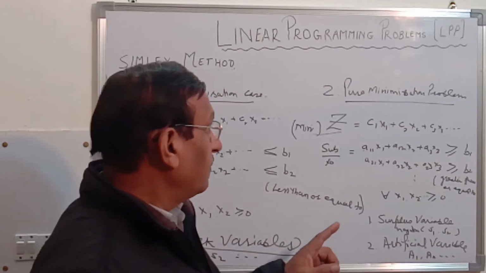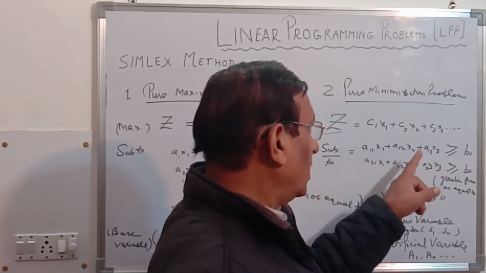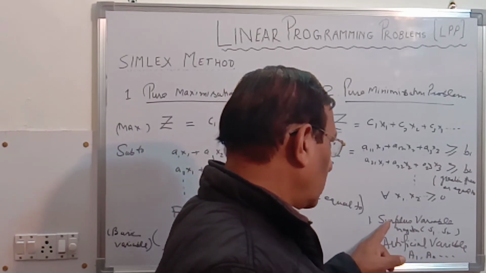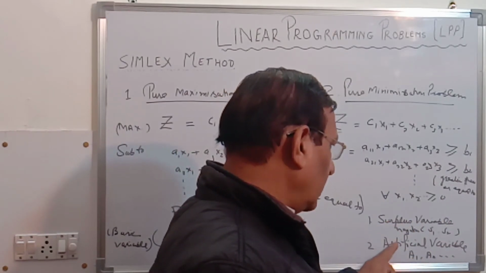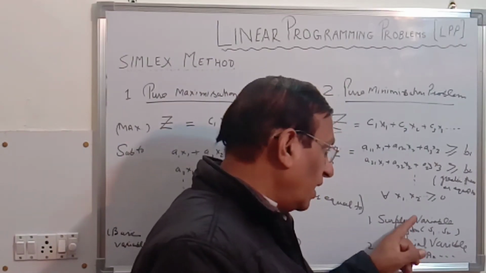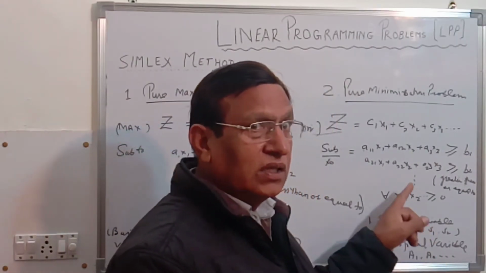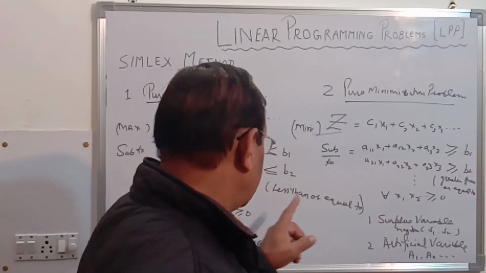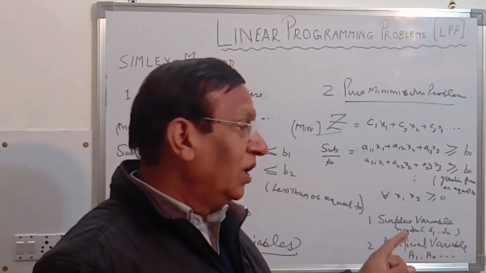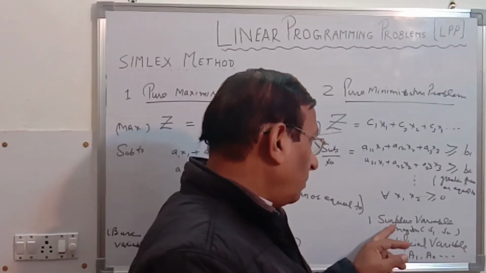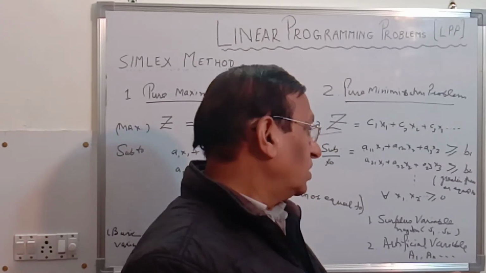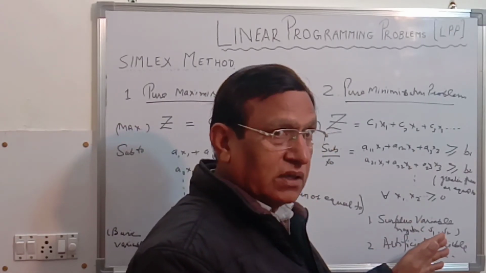It means if the equations are greater than or equal to type, then we will use surplus variable as well as artificial variable. Because surplus variables are negative, so there is no sense of using negative. Basic variable cannot be taken as negative variable. You can say surplus variables are not basic variables. Why? Because these are negative variables.